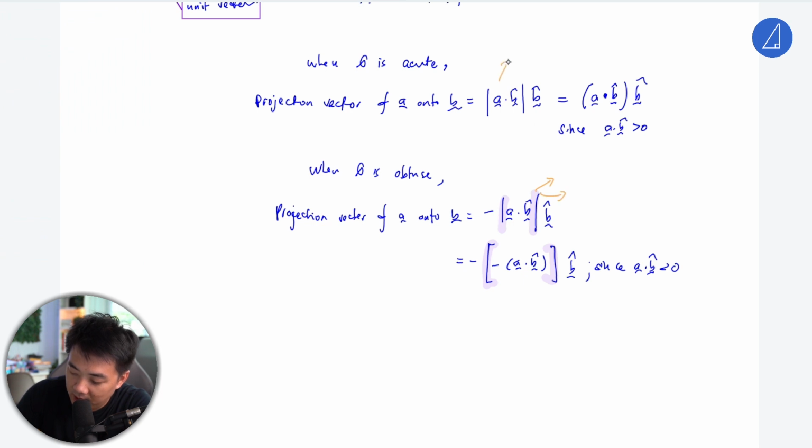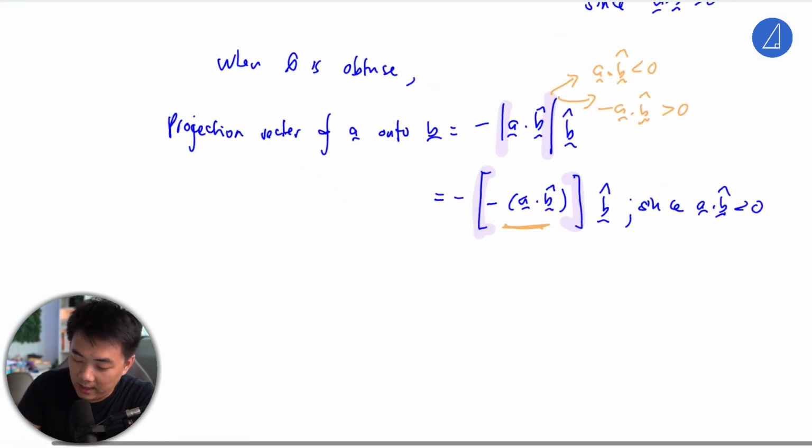Similarly here, we need to pick whether we take this or negative A dot B. This one is positive, so I pick this. For this case, A dot B is negative, so A dot B is less than 0, and this is positive, so I pick this one. After picking this, you realize that even for obtuse, negative times negative will be positive.